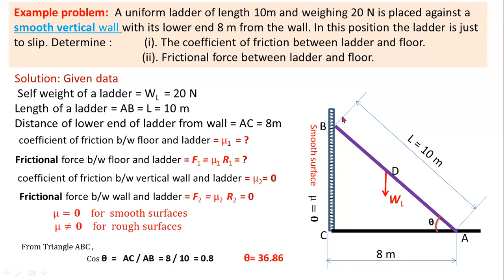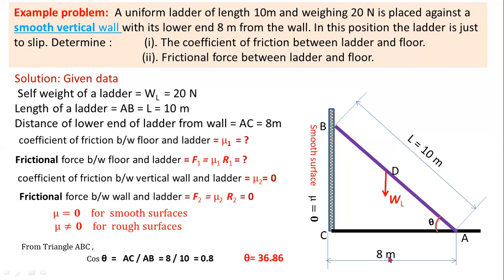From the triangle ABC, you have to determine the value of angle theta, the angle of inclination of the ladder with respect to the floor. From triangle ABC, cos theta equals adjacent side divided by hypotenuse. Here the adjacent side is AC and the hypotenuse is AB, so cos theta equals AC by AB.